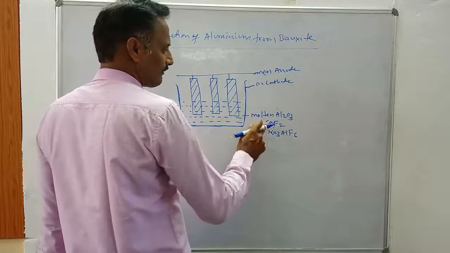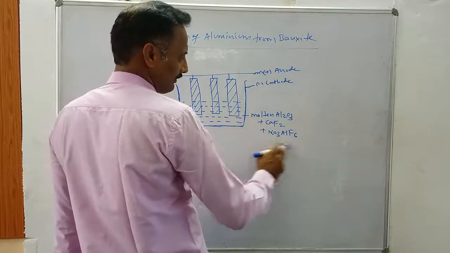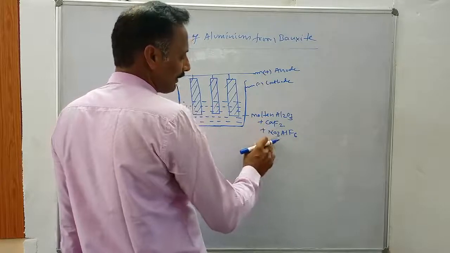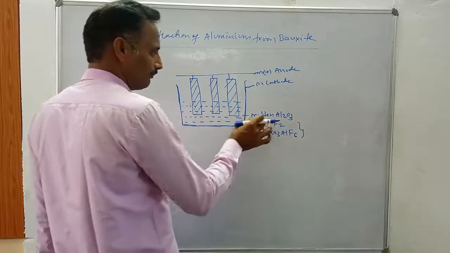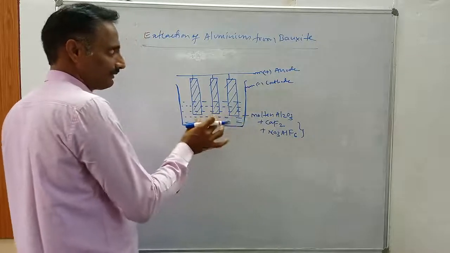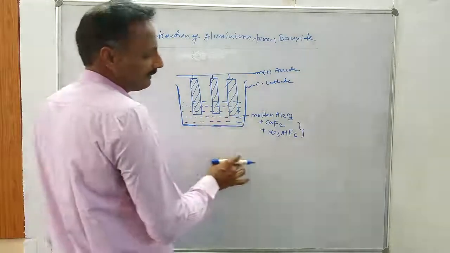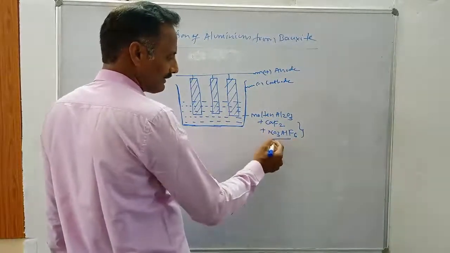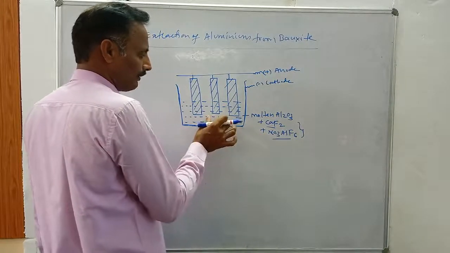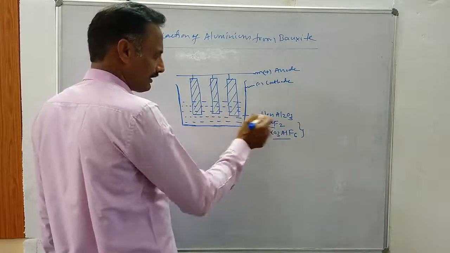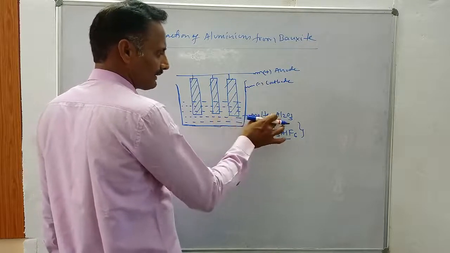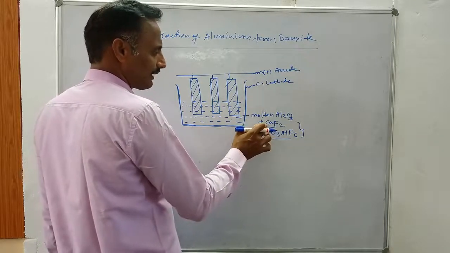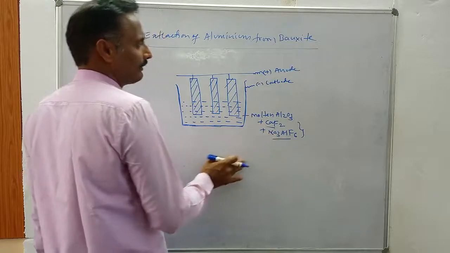This is calcium difluoride, and this is cryolite. What is the role of cryolite and fluorspar in the molten Al2O3 in the extraction of aluminium from bauxite? It lowers the melting point of the mixture and also increases the conductivity of the electrolyte. This is the main role of calcium difluoride and cryolite.